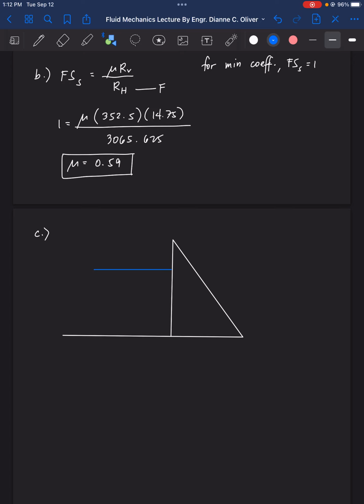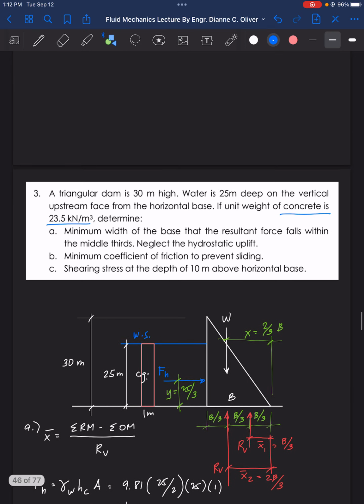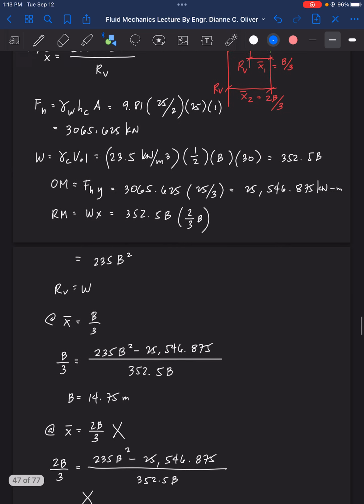So it says there, shearing stress at the depth of 10 meters above the horizontal base.